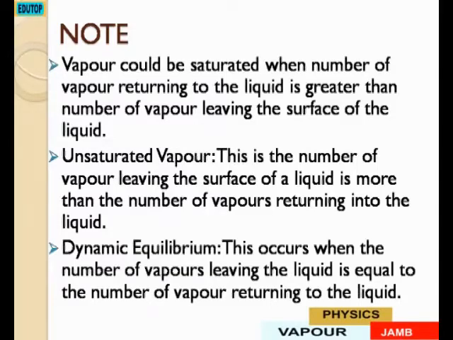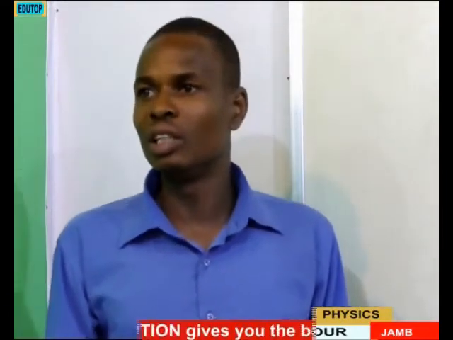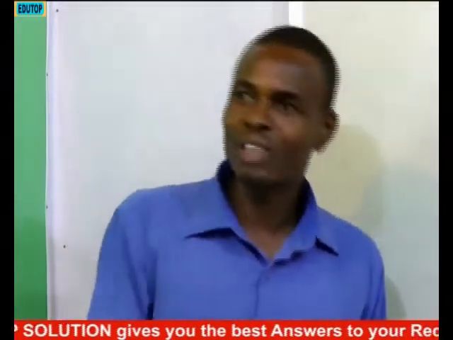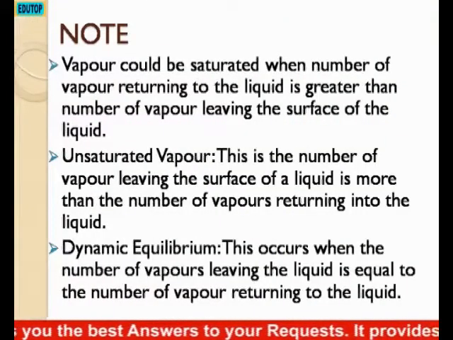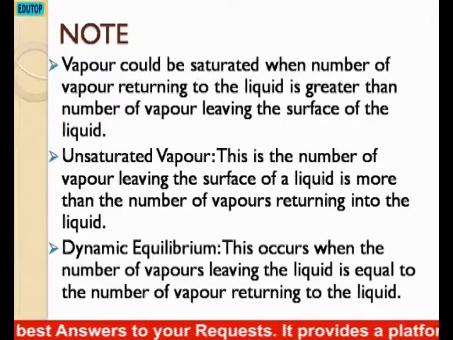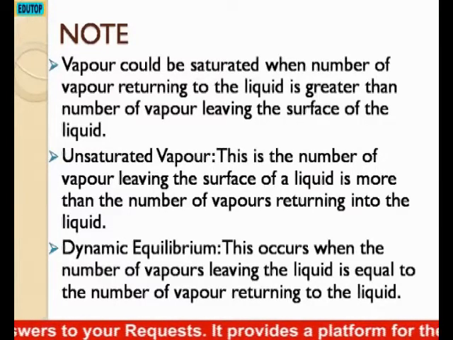It's just like the opposite. For saturated vapor, the number of vapor returning to the liquid is greater than the one leaving the surface of the liquid. But for unsaturated vapor, the number of vapor leaving the surface of the liquid is more than the number of vapor returning into the liquid.